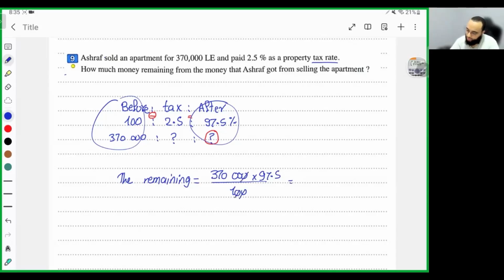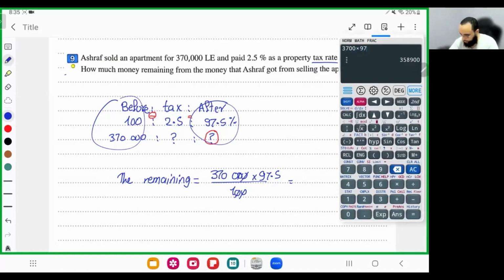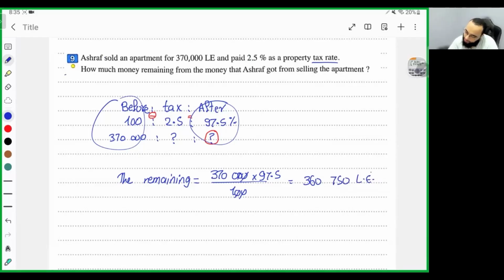Two zeros with two zeros, 3700 times 97.5 equals 360,750. So this is the amount of price remaining with Ashraf, because he paid a part as a tax for the selling process.